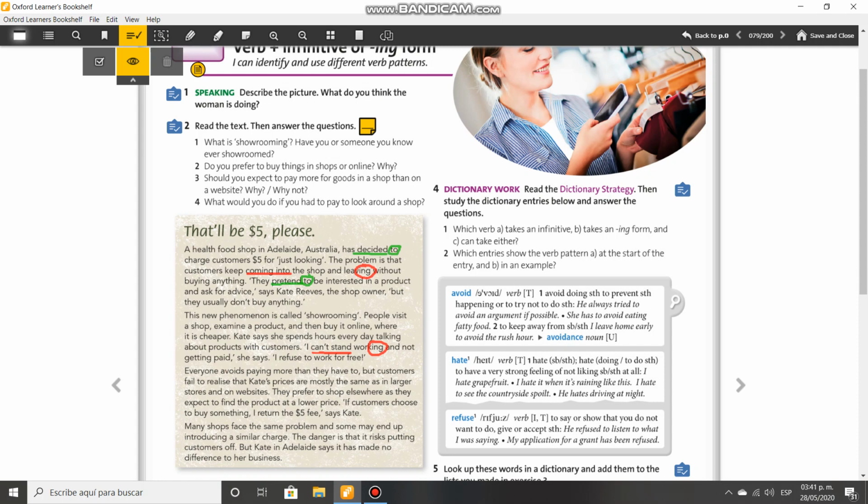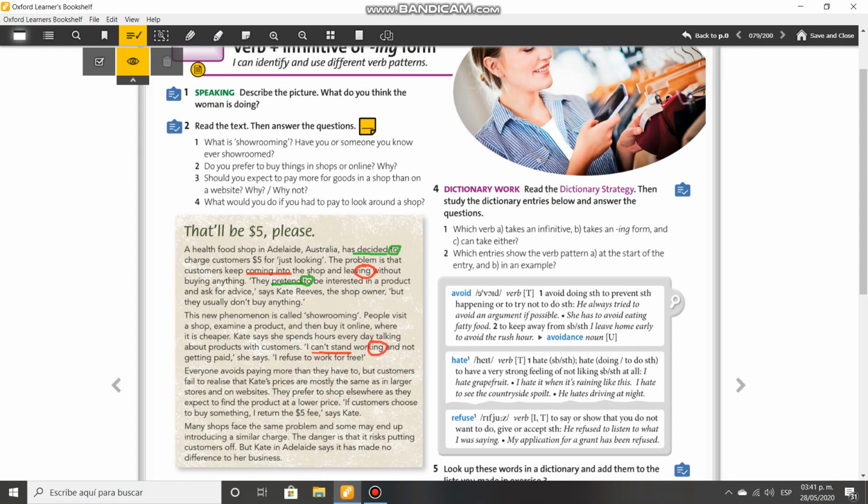In my case, I have showroomed before. Maybe when I go to a clothes store and I only look at the clothes, and maybe I try them on, but I don't buy anything. I have done it.